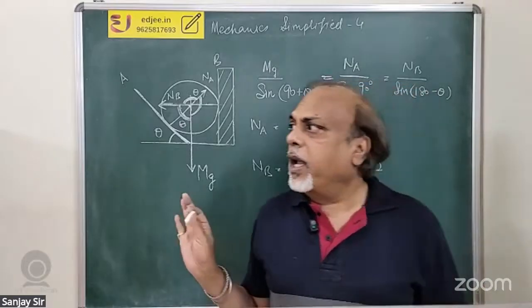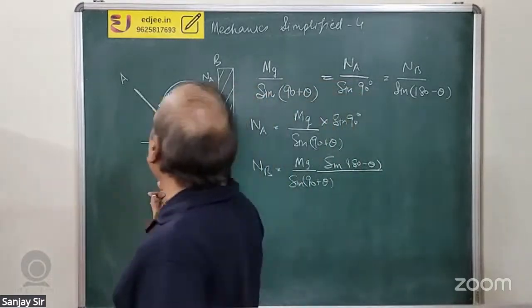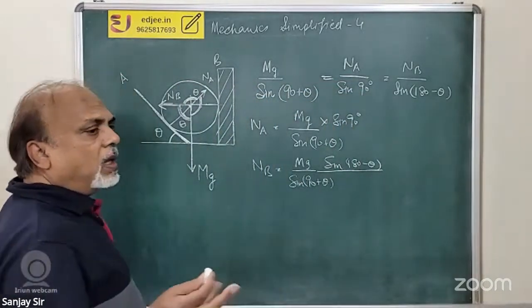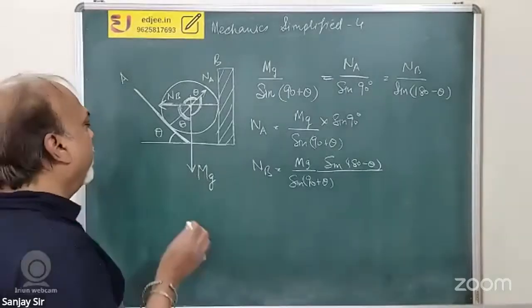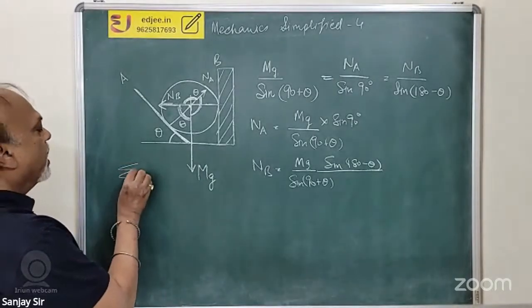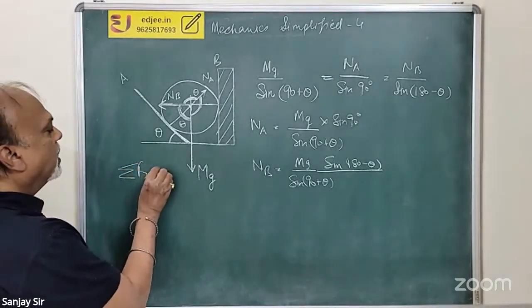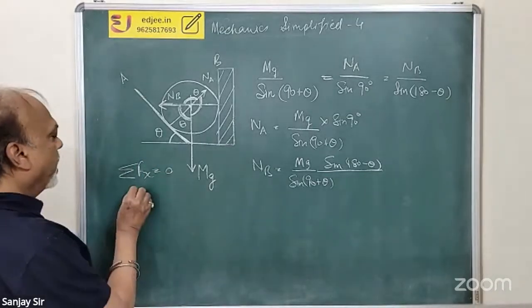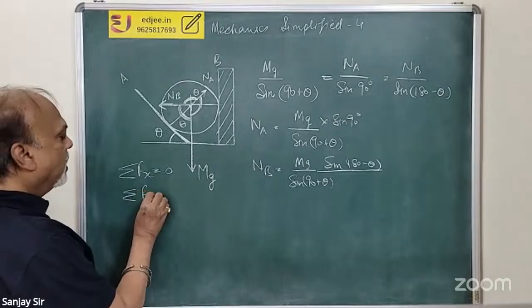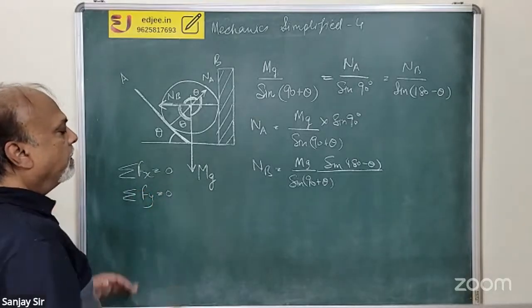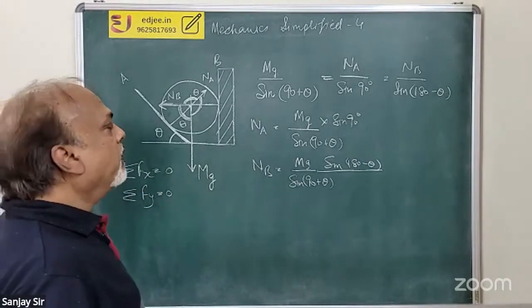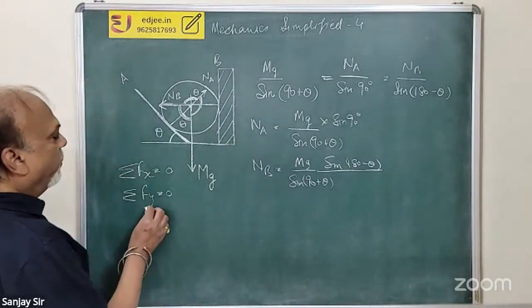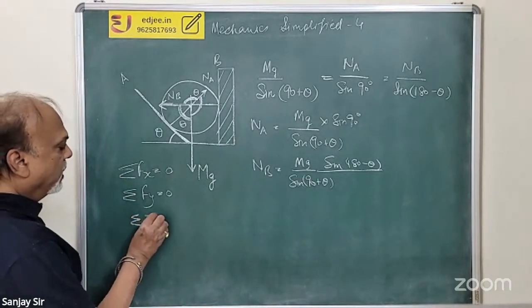Yes, of course, we can have an alternate method also. What can we do? Simple, we can resolve the forces in the horizontal direction. We can resolve the forces in the vertical direction and we can solve it. Mind it, we have three conditions.